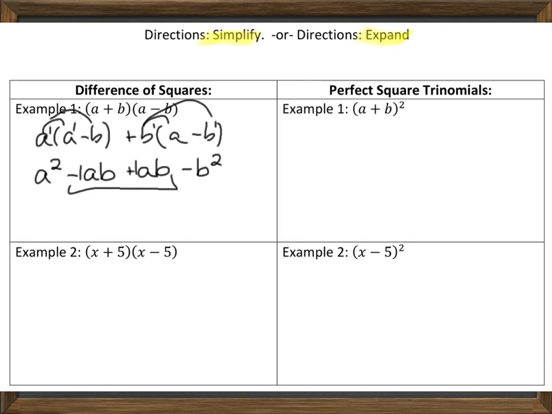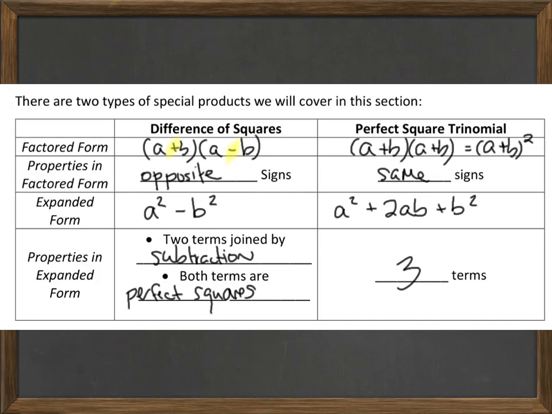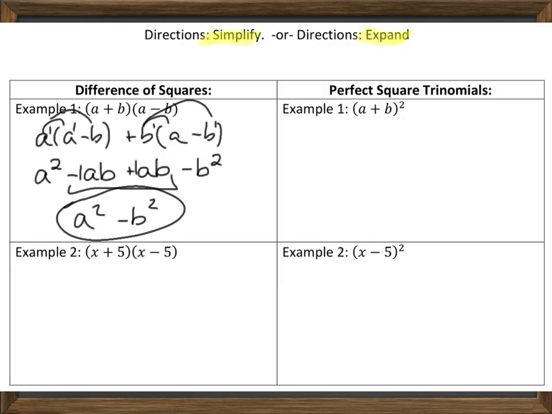So negative 1 plus 1 is just 0, and we end up with a squared minus b squared. You might notice in this example I have just proven to you that the factored form of difference of squares is a plus b times a minus b, and that the expanded form is a squared minus b squared. So this first example is a demonstration of the definition of difference of squares.